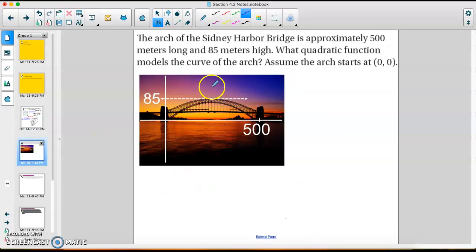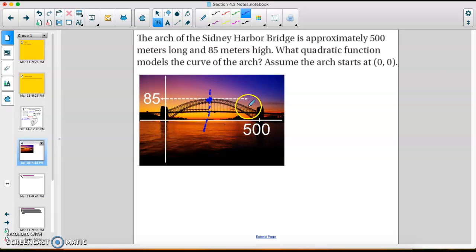Now, we know that the vertex lies right about here. We just don't know what that point is, right? And so, in order to find it, we have to realize that isn't it halfway between the two?